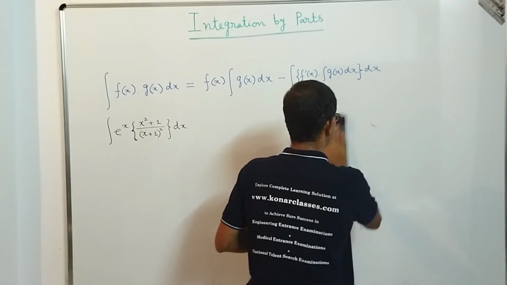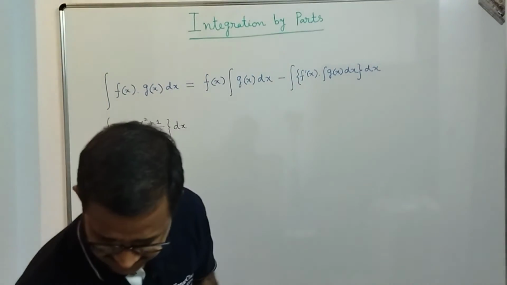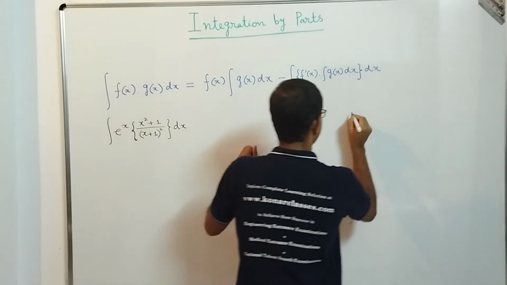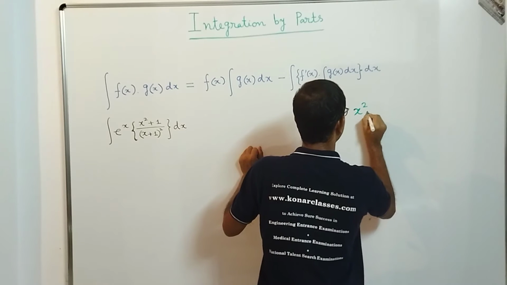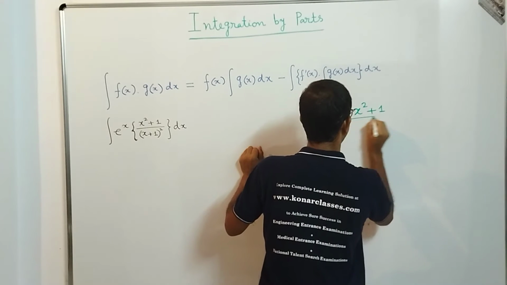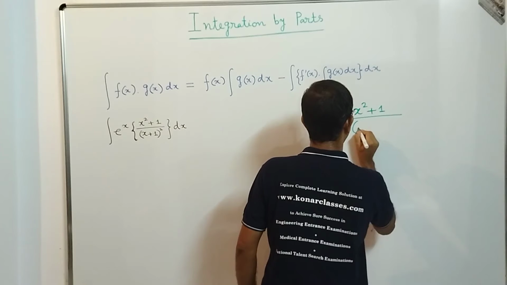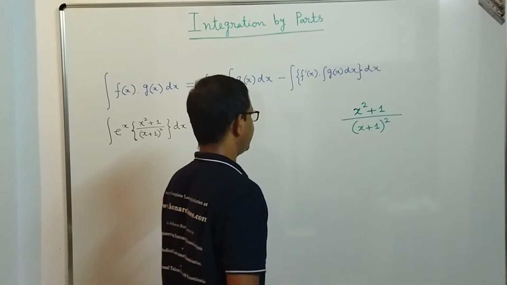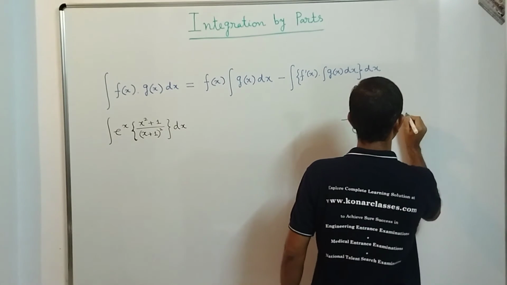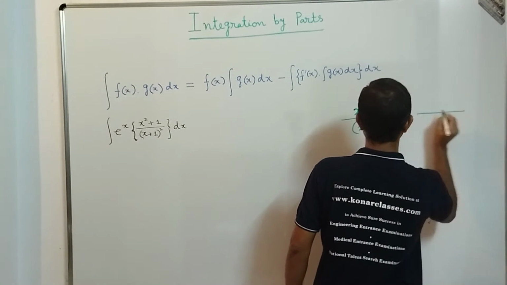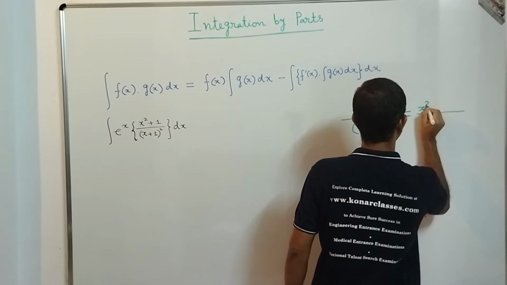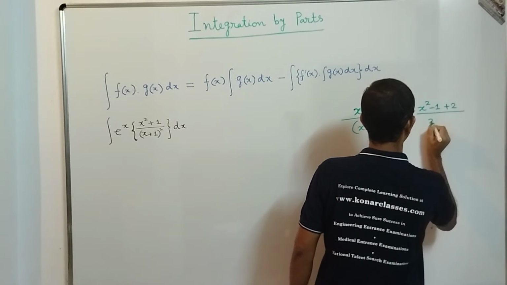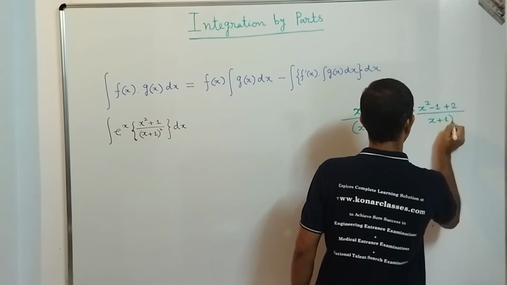So what we can concentrate on here, dear students, is that we have been given x square plus 1 divided by x plus 1 whole square. So we can write this as equal to x square minus 1 plus 2 divided by x plus 1 whole square.